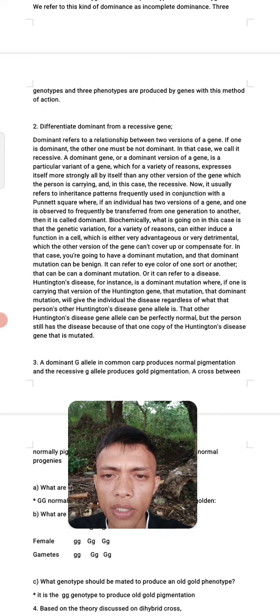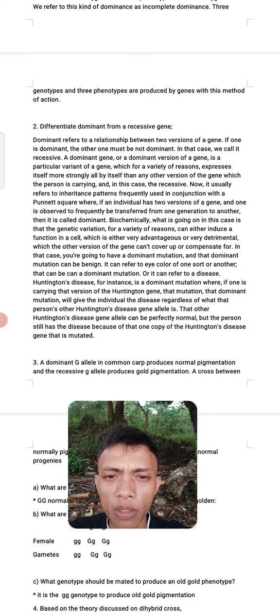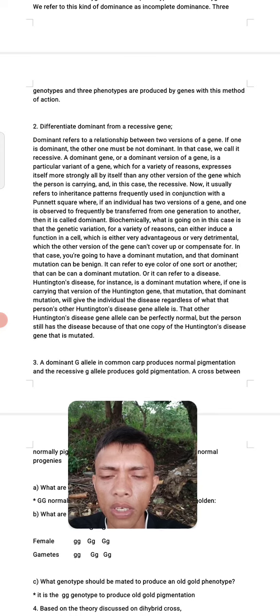In that case, we are talking about dominant mutations, and dominant mutations can be benign. It can refer to eye color of one sort or another, or it can refer to disease.